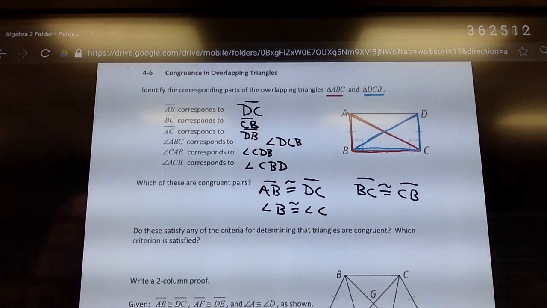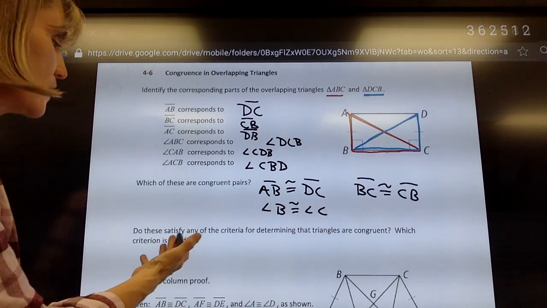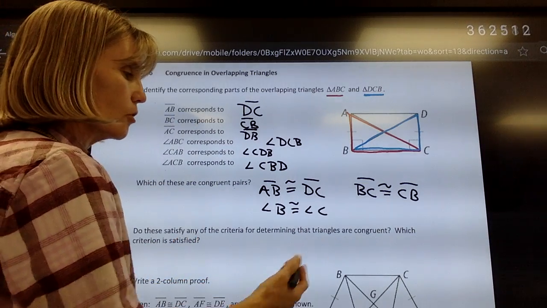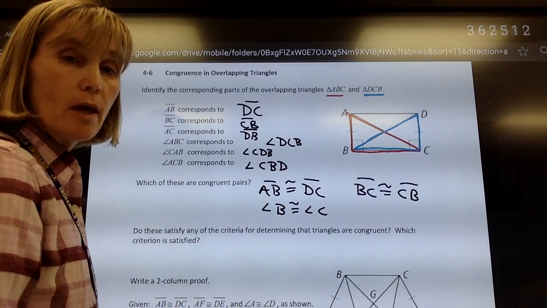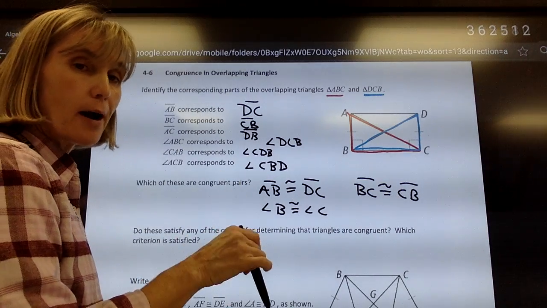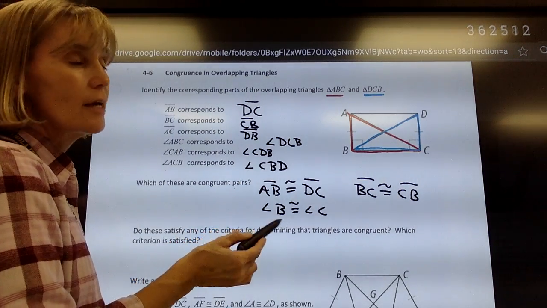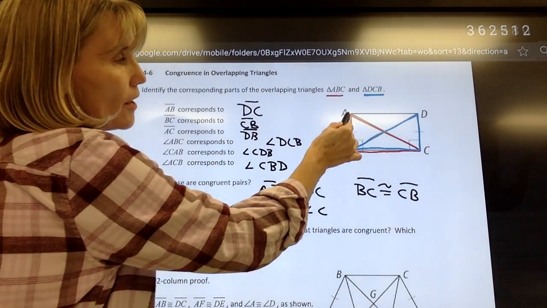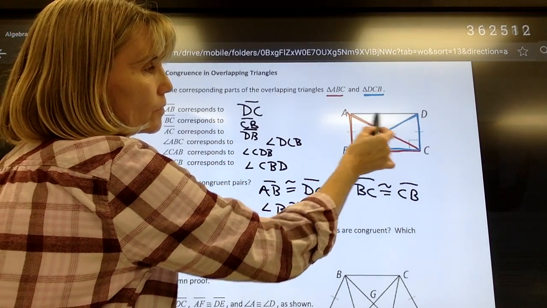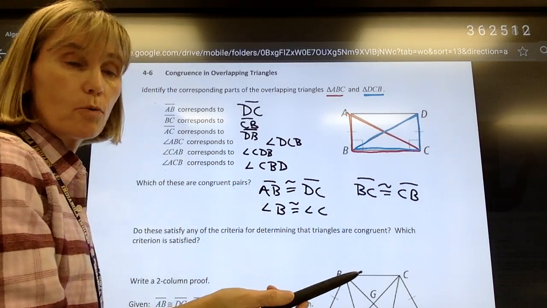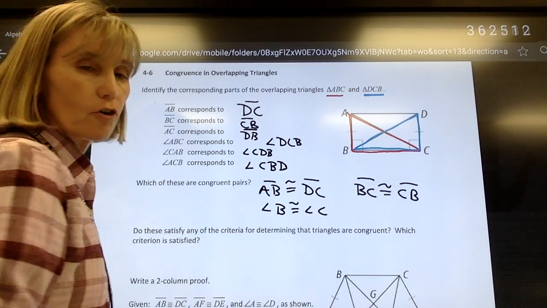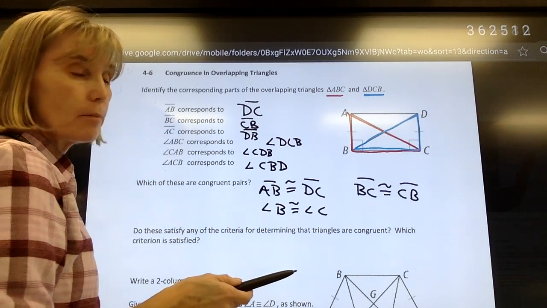Those are the congruent pairs that we know of, and it says, do these satisfy any of the criteria for determining that the triangles are congruent? Even though they're right triangles, the hypotenuse leg, that HL that we just talked about in the previous section, is not in play here, because the hypotenuse would be A to C and D to B, and that's not what I've listed as known to be congruent.